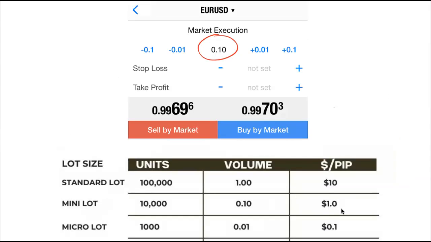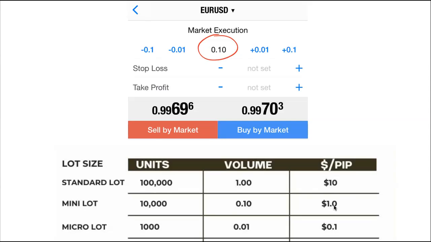So that means that I am telling my broker that I am willing to risk 10 cents per tick, which is $1 per pip. So just keep in mind that it is very important that you understand how the pips work, because you can definitely blow your account if you are not putting in the right lot sizes.